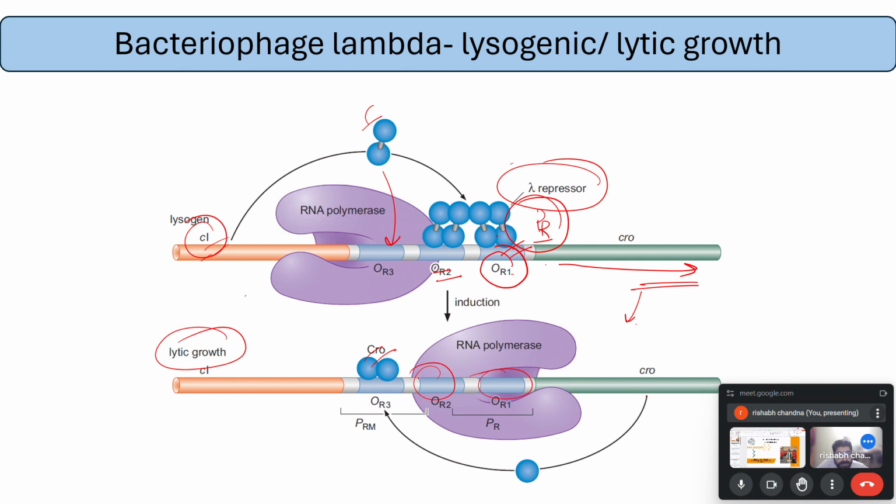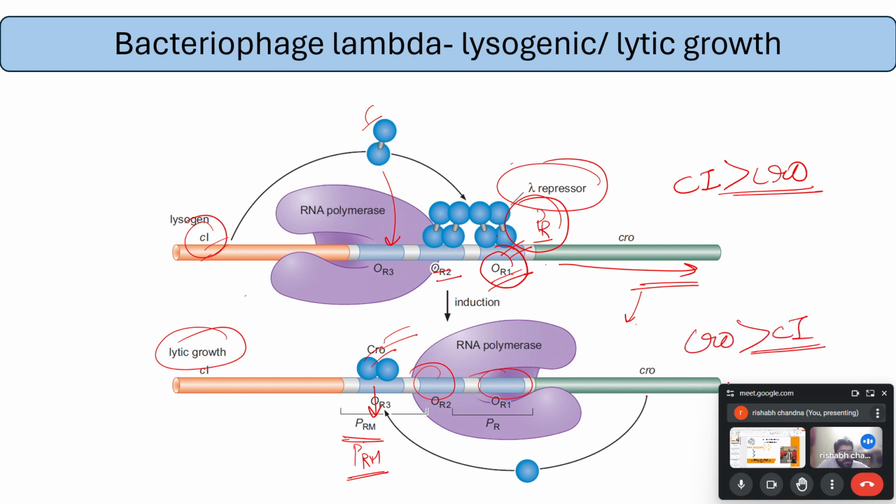Thus it will first reduce the activity of PRM, followed by PRE. Here C1 is greater than CRO, that's why it is binding to OR1 first. But when some induction happens and the phage has to shift to the lytic cycle, CRO will outnumber C1.